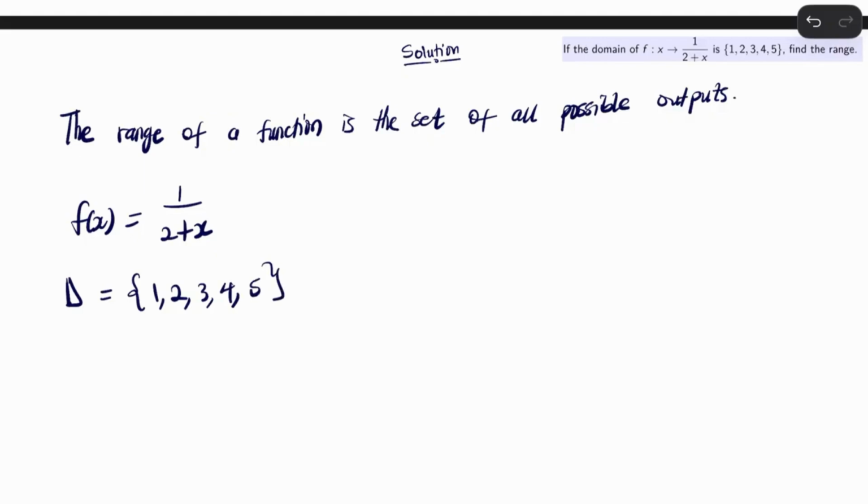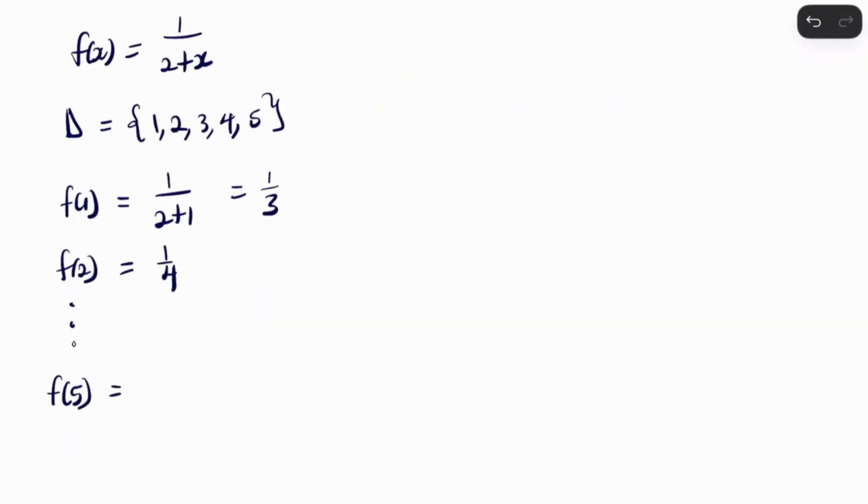So now let's compute f of 1. So f of 1 is going to be 1 on 2 plus 1, which is equal to 1 on 3. Likewise, f of 2 is going to be 1 on 4, and f of 5 is going to be 1 on 7, right?